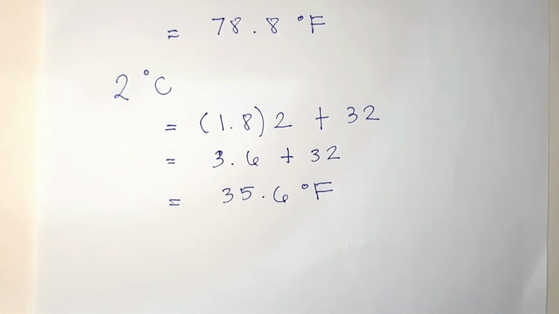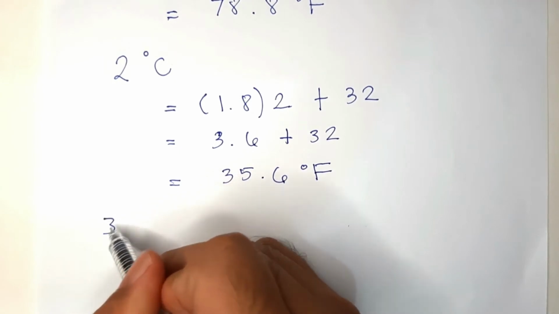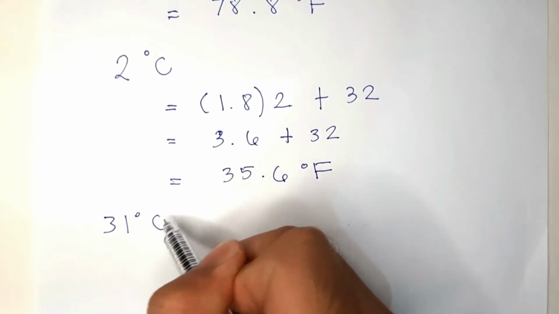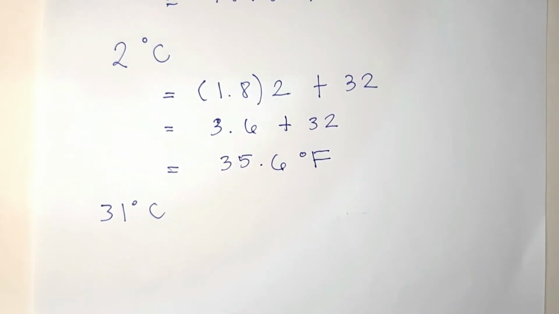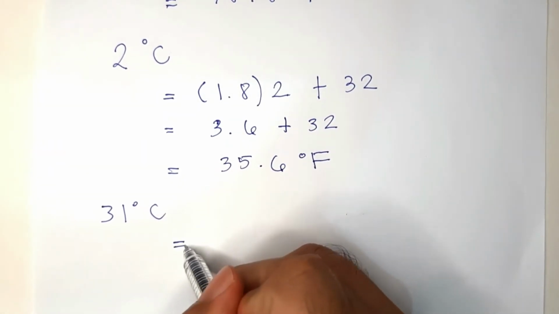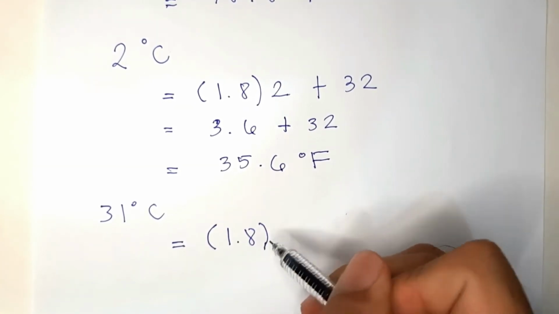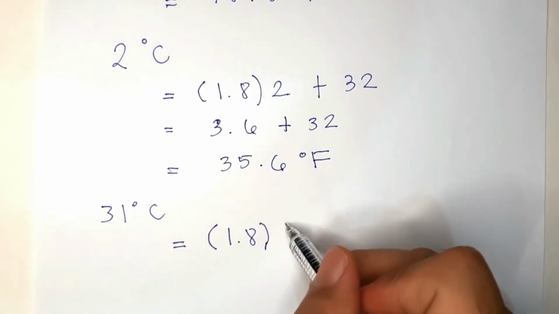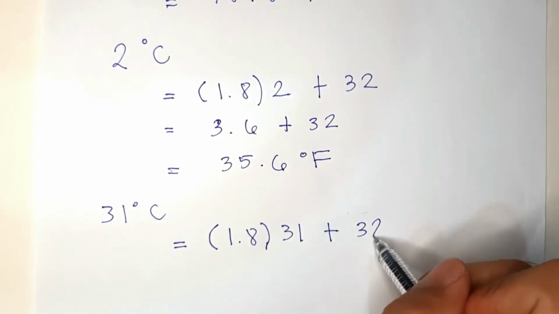Let's go on to the last example. How about 31 degrees Celsius? Again, we apply the equation. So we multiply 1.8 by the given, which is 31, and then add to 32.